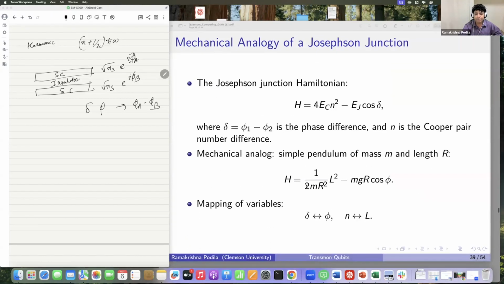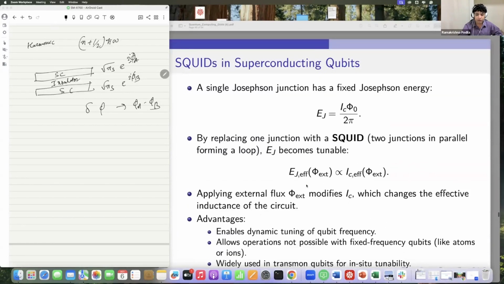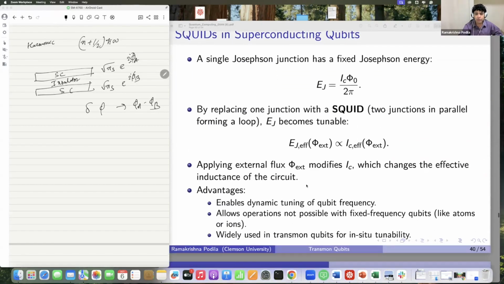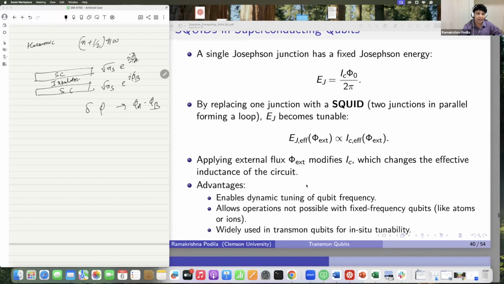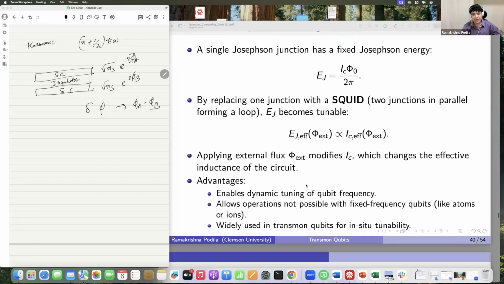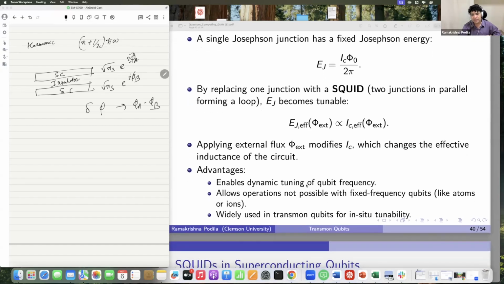So we also talked about SQUID. In the case of a Josephson junction, we have only one superconductor-insulator-superconductor sandwich. But in the case of a SQUID, we have two of these.